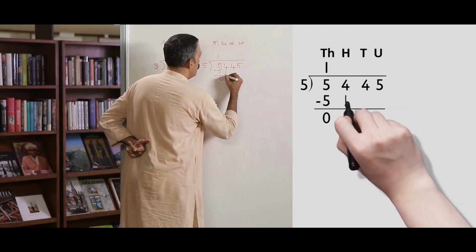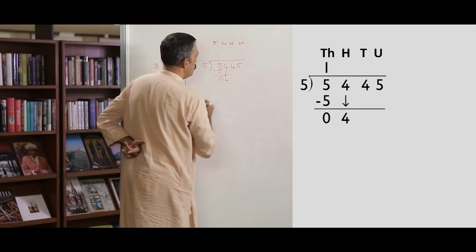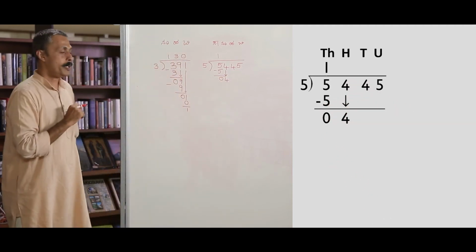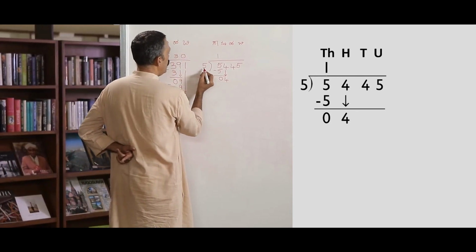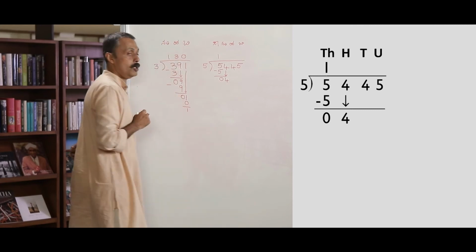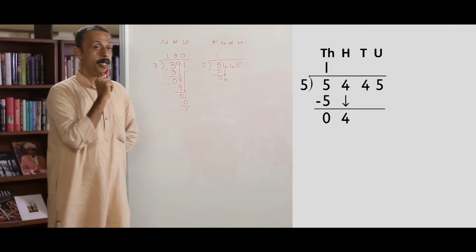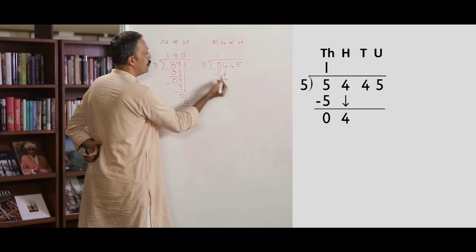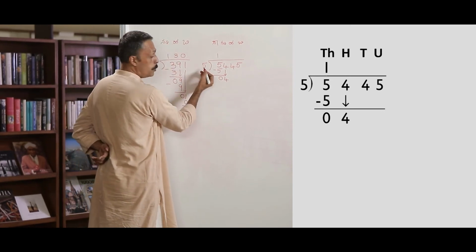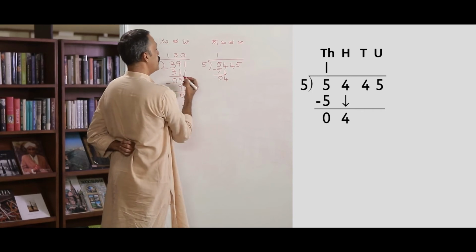What do I have now? I have 400 rupees notes. How do I distribute 400 rupees to 5 people? How many 100 rupee notes will each one get? Will they get it? No, 4 is less than 5. Nobody gets any 100 note.